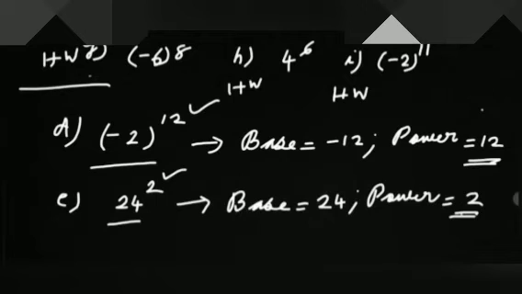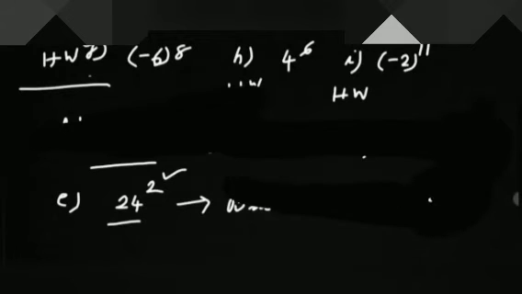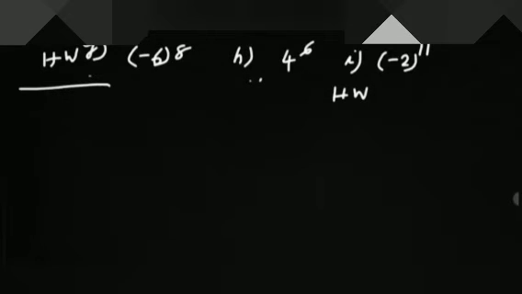Now let's move on to the next question. Can we do the next question? Question number 5, isn't it? Please write down question number 5. This question is regarding the sign of the power form.